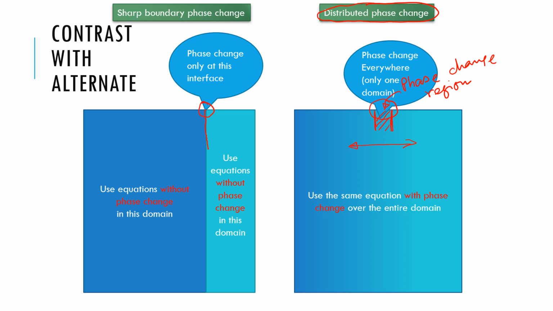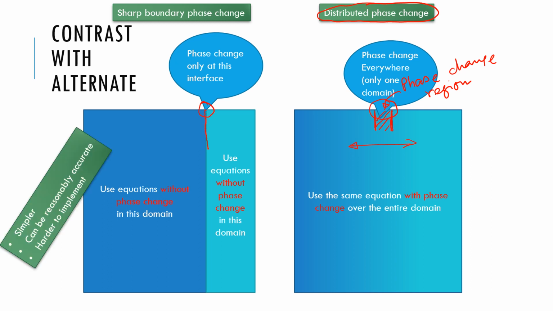So how do they compare? So this one is simpler. This one, meaning the sharp boundary phase change, is simpler. It can be reasonably accurate, but it is often harder to implement because of this interface tracking.